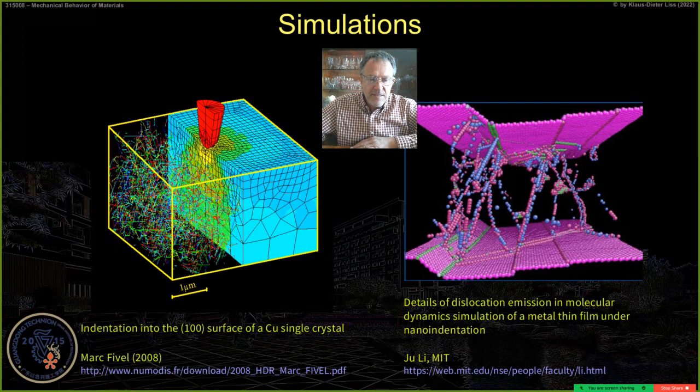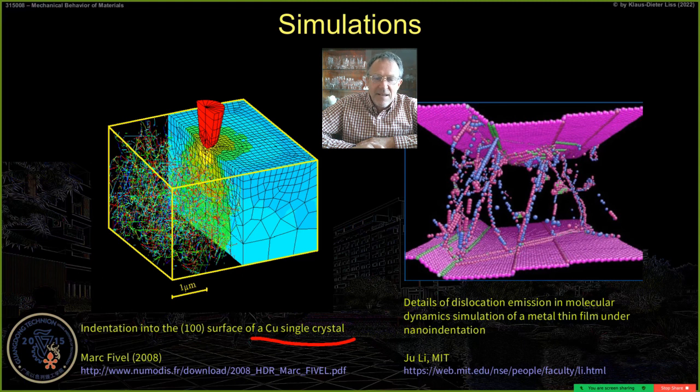Here are other simulations, indentation into the 100 surface of a copper single crystal. Indentation is when you have a small point, and you push the point into the surface like a needle, and then you deform the underlying crystal, and you can measure hardness, but you also can measure a strain stress curve nowadays if you have spherical indenters. That's a very powerful microscopic strain stress testing machine, not just for hardness testing.